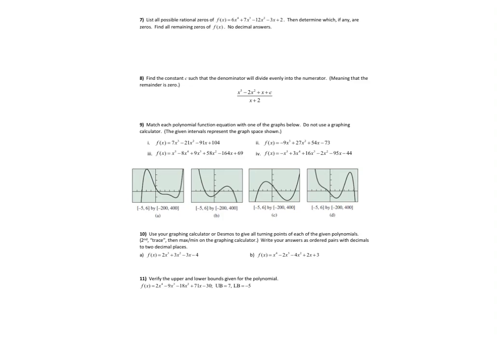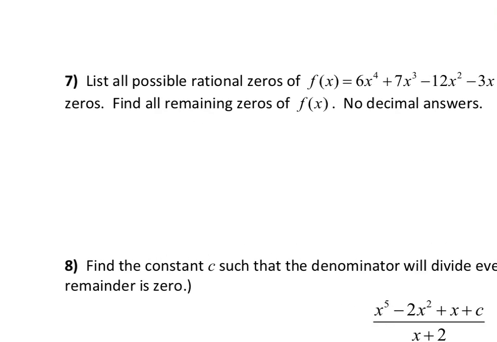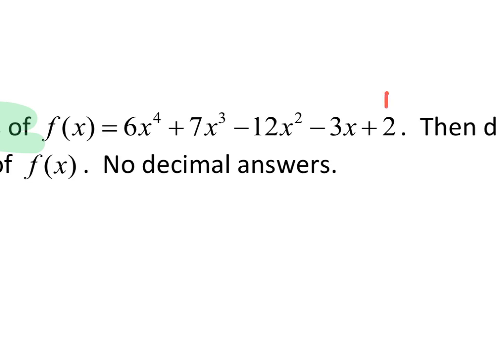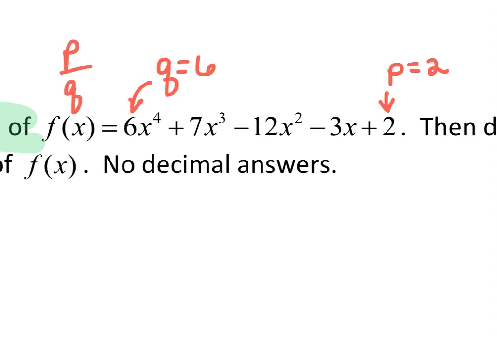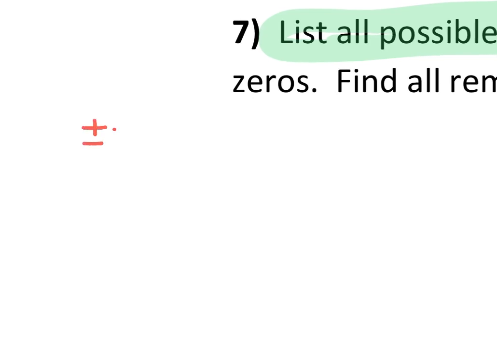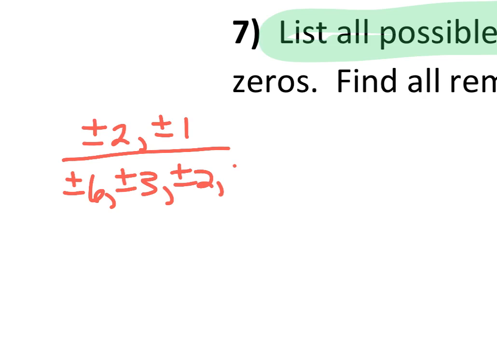So number 7 has the same directions as number 6. You want to start by listing all possible rational zeros of the function. In this case, p is 2 and q is 6. Remember that you want to write your rational zero possibilities as p over q. So I'm going to list plus and minus 2, plus and minus 1, over plus and minus 6, plus and minus 3, plus and minus 2, plus and minus 1.